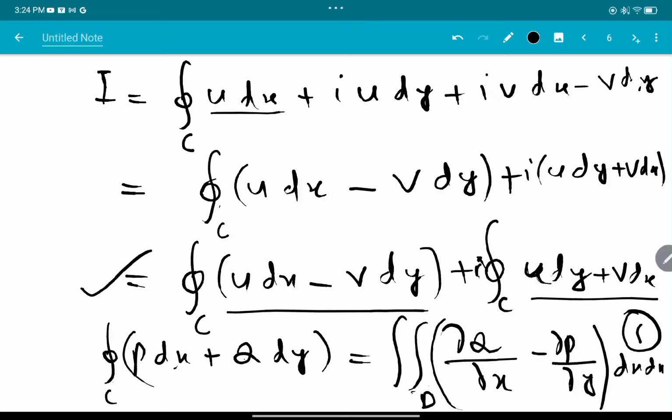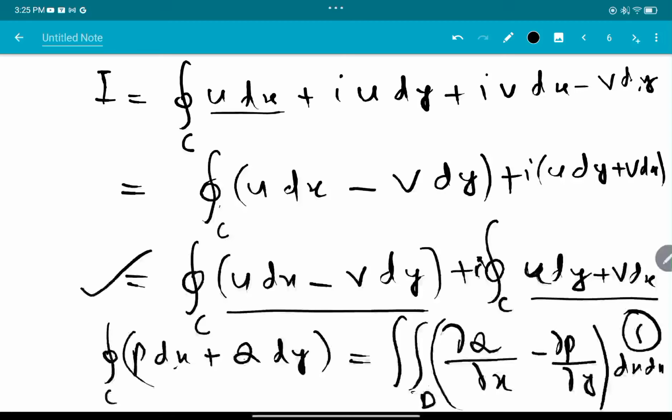Then Green's theorem written below it: the integral of p dx plus q dy is equal to the double integral over the region D of del q by del x minus the partial derivative del p by del y, and since we are dealing here with area, dx dy.